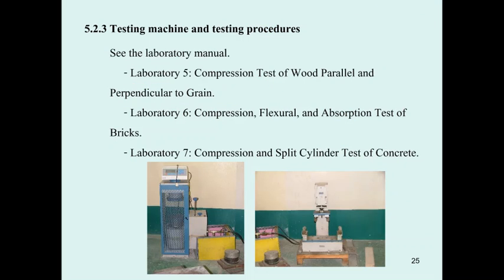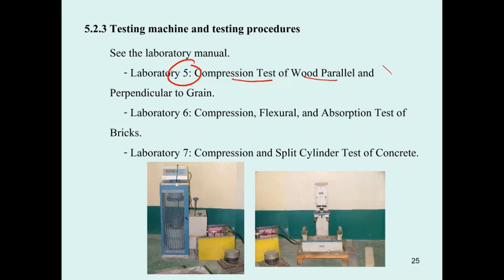Okay, the testing machines that we have: 3 types of laboratory for compression. One is lab number 5. It's a compression of the wood parallel and perpendicular to the grain.